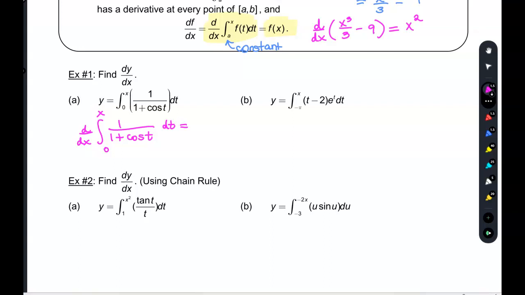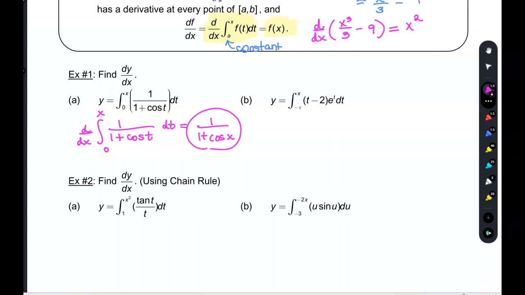We don't have any methods currently to integrate that by hand. But we don't care, because we're doing the derivative of the antiderivative. There's no work to do here. 1 over 1 plus cosine x. We're just replacing the t with an x. That's it. You know the whole lesson.